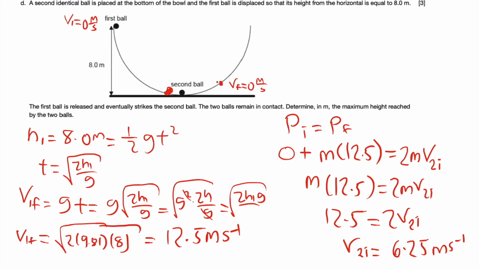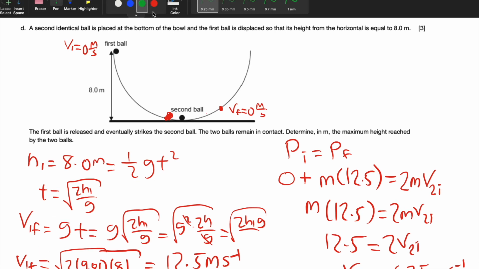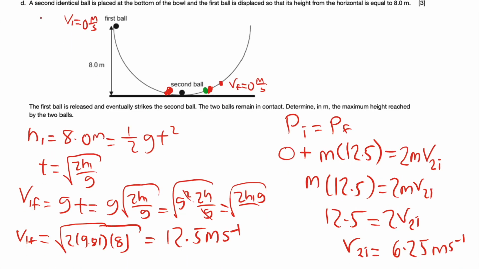So this is when they stay in contact. We have two balls, so let me draw it. This is the first ball, and this is the second ball. So this is their velocity. We want the maximum height reached by the two balls. When they reach the maximum height, they have a velocity of 0 meter per second, as I wrote here.